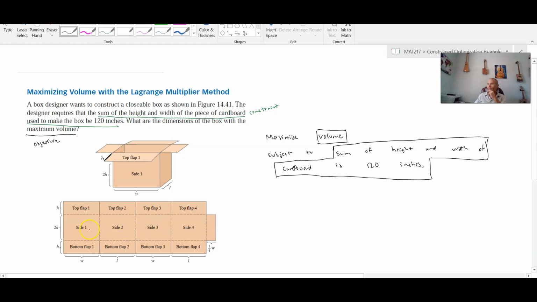So let's think about how this might evolve. First of all, these are going to be the sides. So this side here corresponds to this side here. Then we can think about this being side 2, right? Side 1 and side 2 have to be next to each other. So that means side 2 is going to be one of those two ends. And that's going to be a length of L, which is this piece here. Side 3 is going to be the back, and that's going to be W units wide.